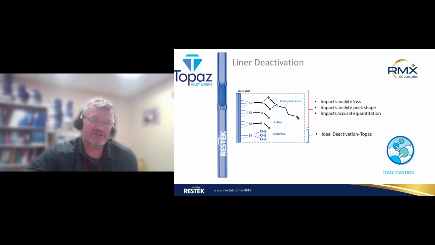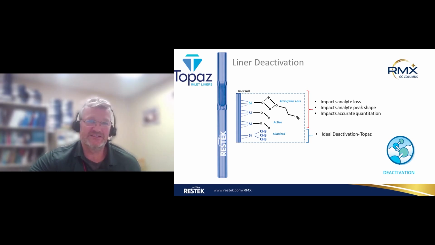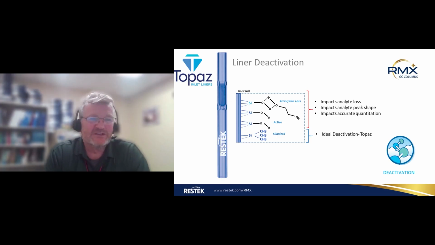That means that we have a vapor deposition process where it's deactivated after it's been put in the liner, as opposed to grabbing some wool and putting it in the liner, which then breaks the ends of the wool and exposes silanol sites, which are going to be extremely active. So our liners are designed for this kind of analysis. And again, I would recommend the precision liner for a split or splitless injection, and then a single gooseneck with wool for a splitless injection.